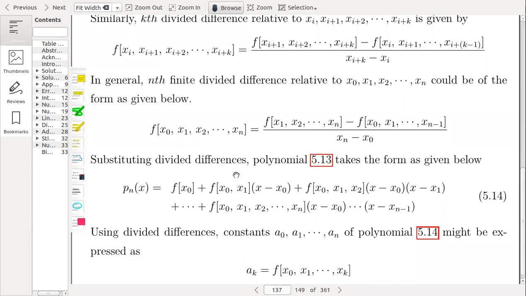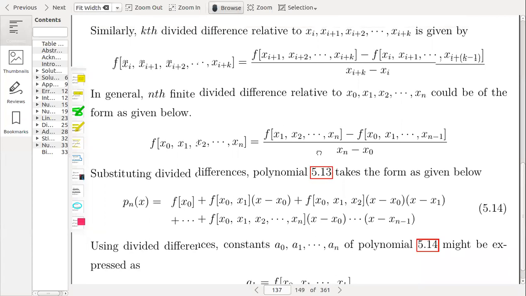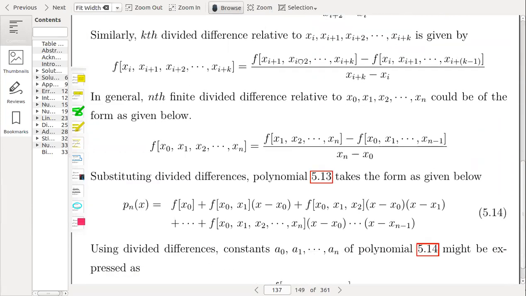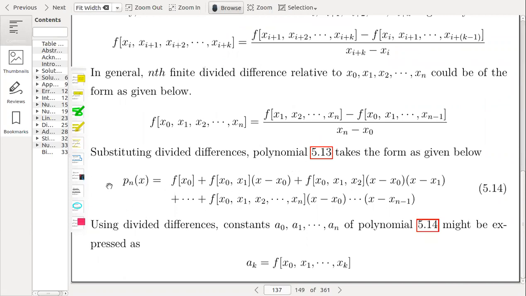Substituting divided differences, the polynomial takes the form as given below. So what we will do is substitute the divided differences. So what are the divided differences? We will substitute these values and calculate here, and all this will become in the form of f of xi, etc. So Pn of x can be written as f of x naught plus f of x naught x1.